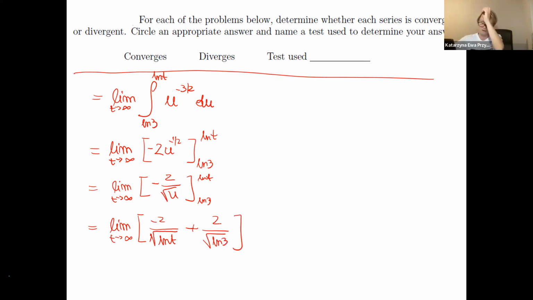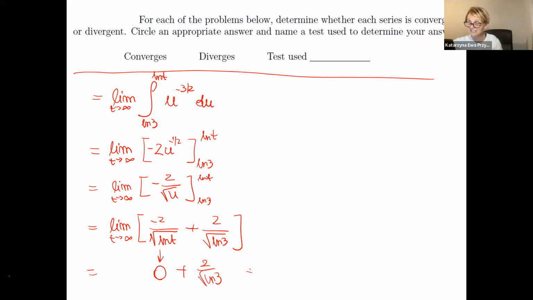That's actually a finite number. What about this one, the square root of natural log of t? What does natural log of t do when t goes to infinity? The input increases to infinity. And what is negative 2 over infinity? A constant over a big number is a small number. And the other is just a finite number. We don't even need that number.